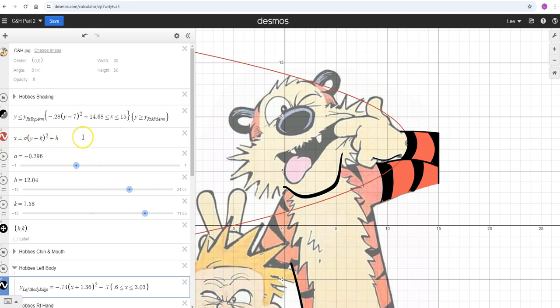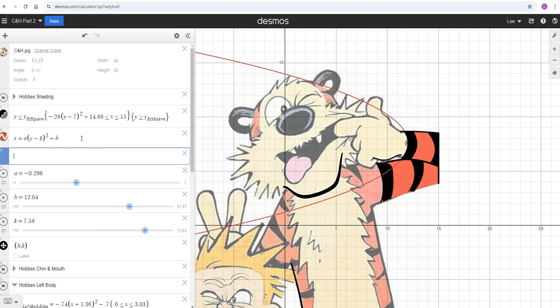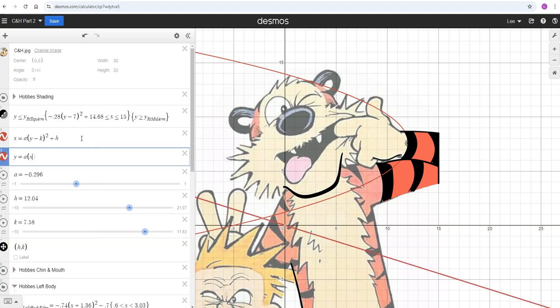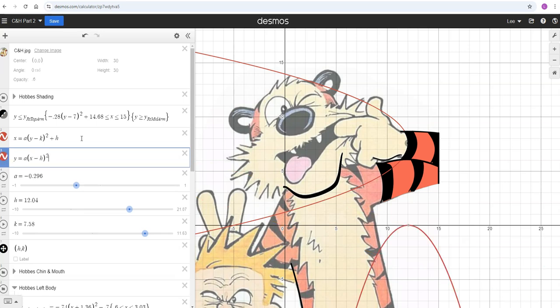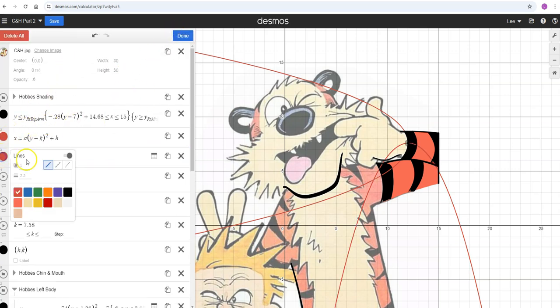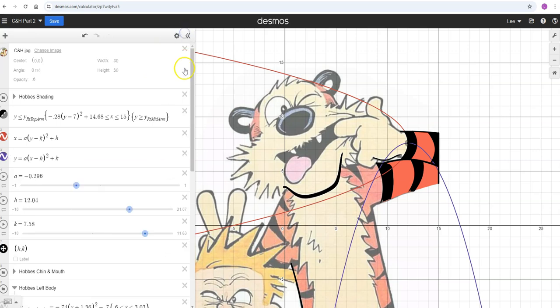So I have here, we'll put in the usual form, which is y is a times my x minus h, squared, plus k. And normally, I'm going to switch the colors just because it gave me the same one. So let's do this in maybe purple for that one.